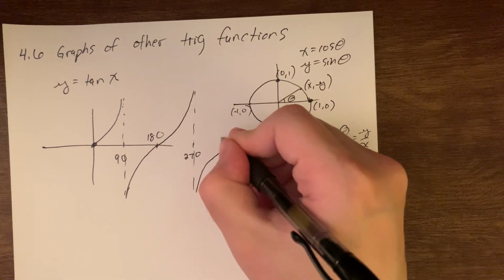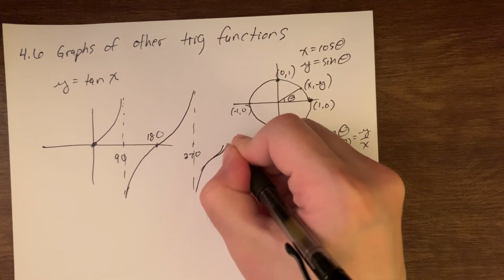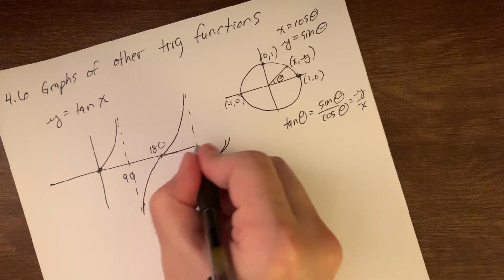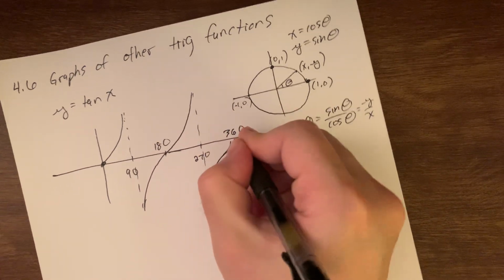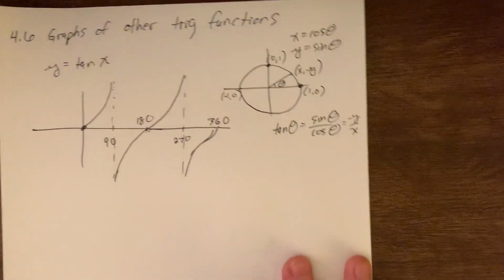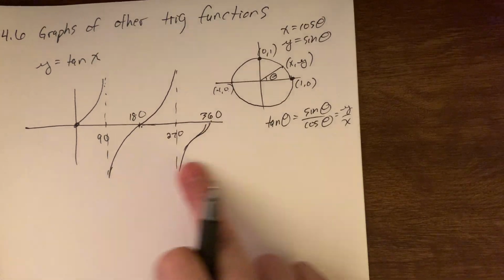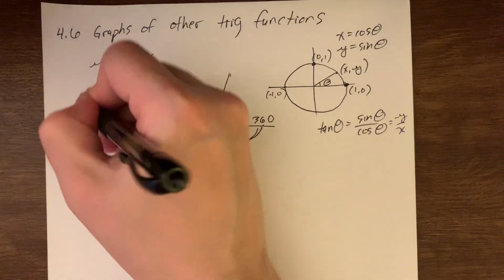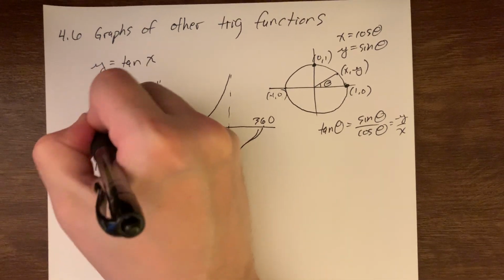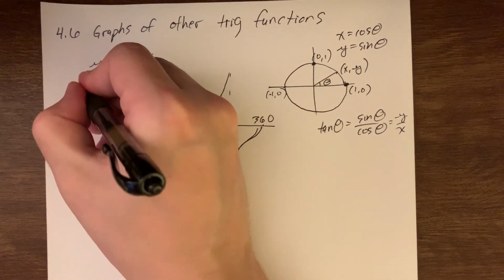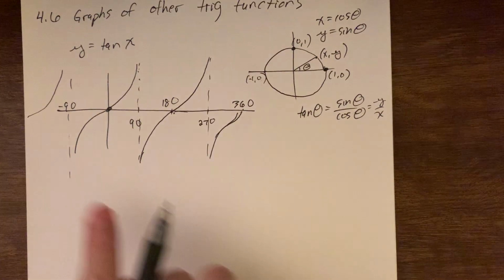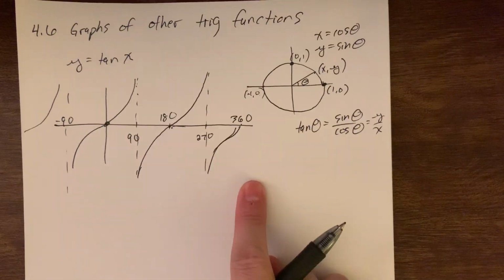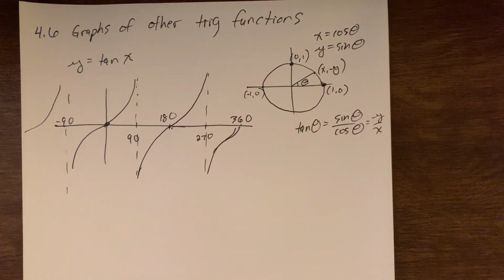And then if you kept going to 360, you'd be right to here. So this continues forever in this direction, but that it also happens over here. So again, get one of these repeating curves.